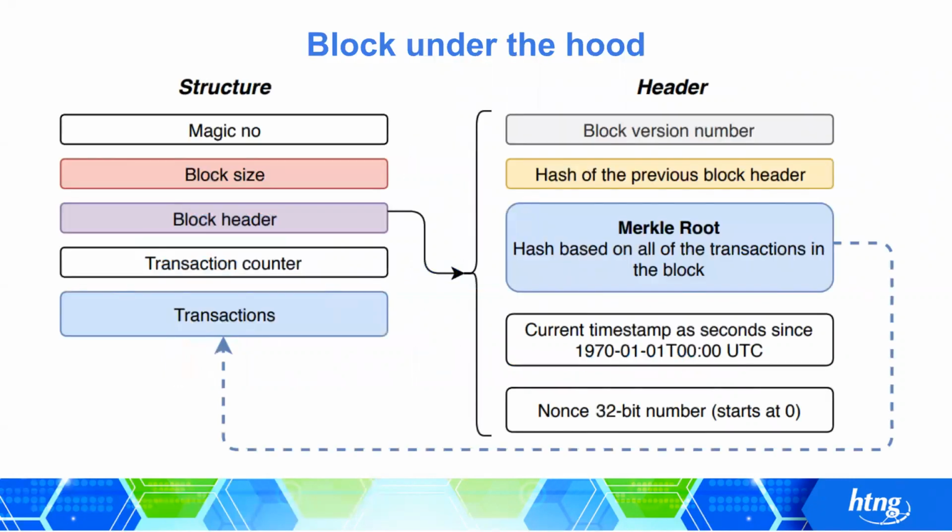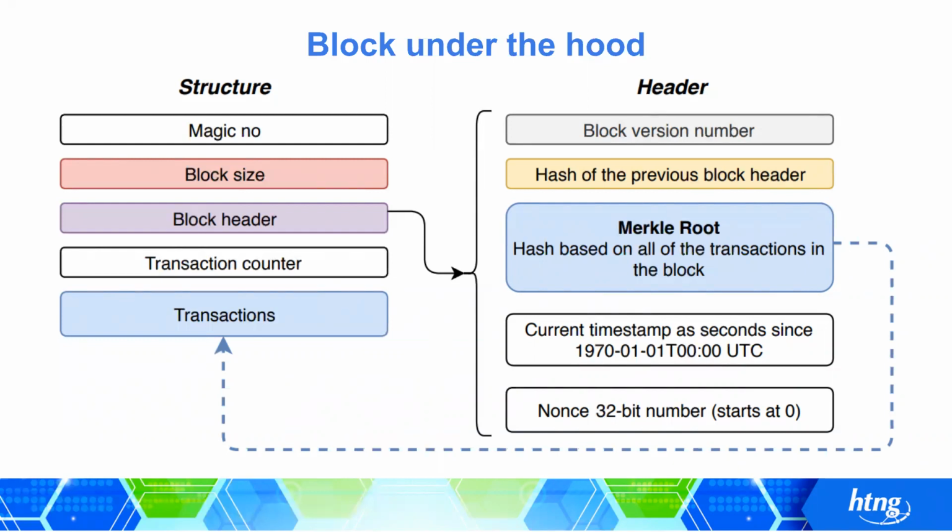So let's consider the block structure in more detail, the block under the hood. I have chosen a typical Bitcoin scenario, so let's consider a Bitcoin block. The block structure starts with a magic number.